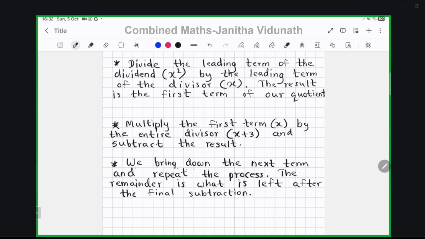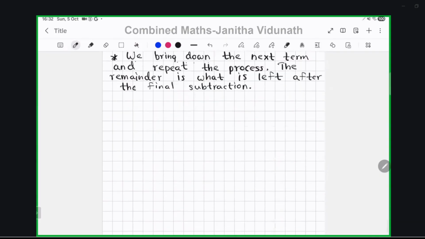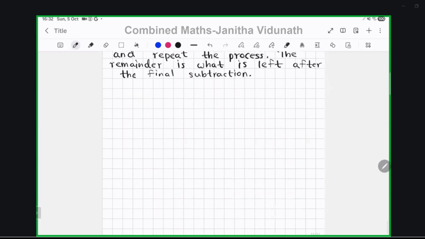Okay, now I will do another example and then give some examples for you to do. Our next example is: divide x cube plus 4x square plus 10x plus 80 by x plus 2.